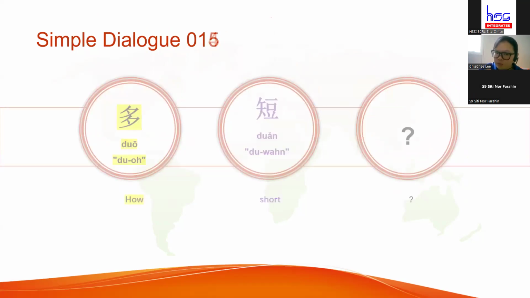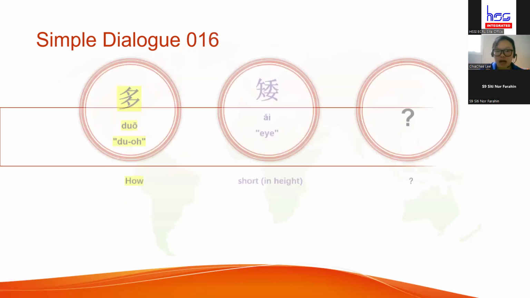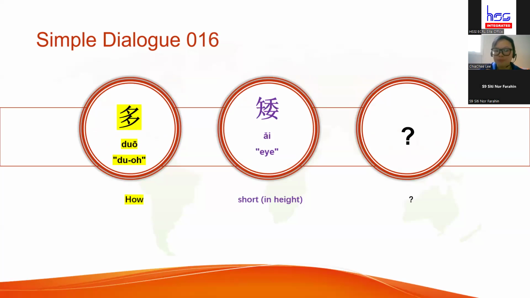Then the next pair we want to check is height. So how tall? 多高? And in comparison, how short in height is 多矮?